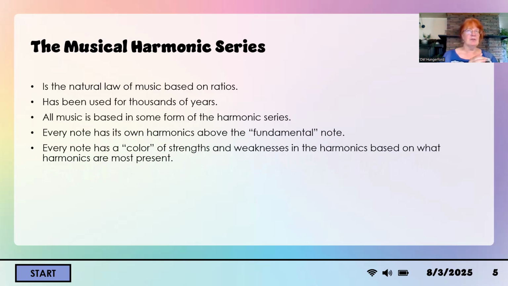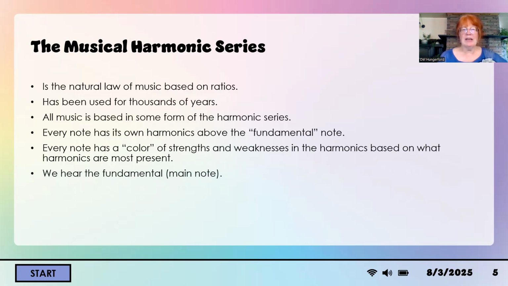That's how you tell the difference between a male and a female voice. There are certain harmonics that are more present in each of the voices. And you can tell which person is speaking because their voice sounds different. The harmonics that are present in that voice are different. Everyone has their own unique voice print, as we say.